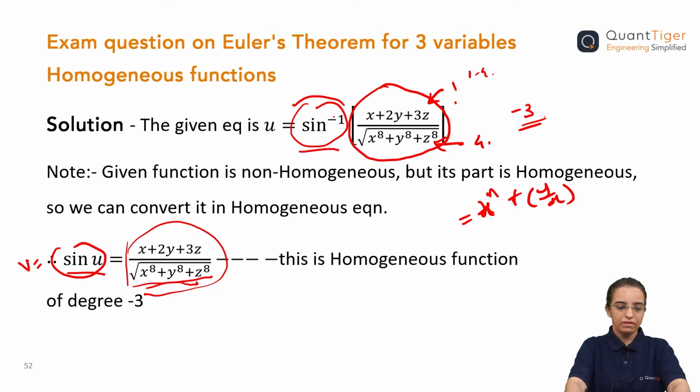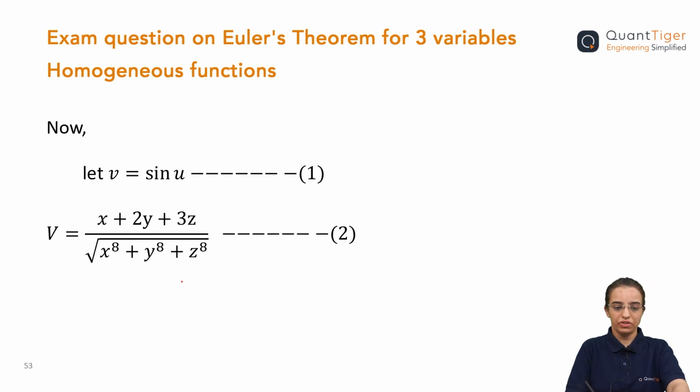So we wrote sin u is equal to this one, and sin u is equal to v. That means v is equal to this one. It's something like this: a is equal to b and b is equal to c, that means a is equal to c. So v is equal to sin u means v is equal to this whole function, and I have written this here in equation 2.